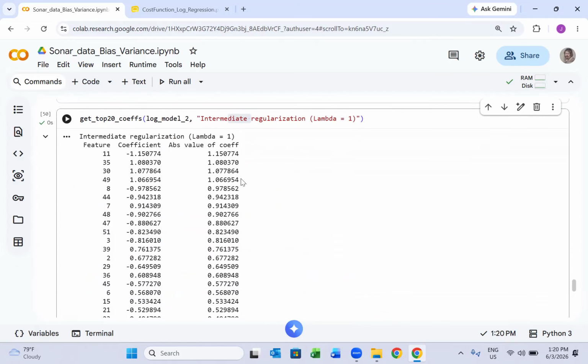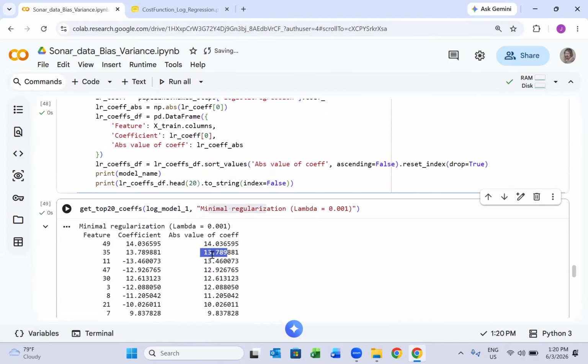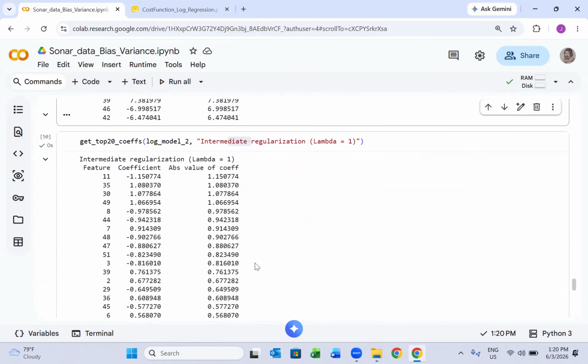Well, look at the top features now, the coefficients for the top features, okay? Now the coefficients or the weights, the importance, if you will, of even the top most important features have reduced, right? From the weights being above 10, now the weights for the top features are 1 point something, all right?